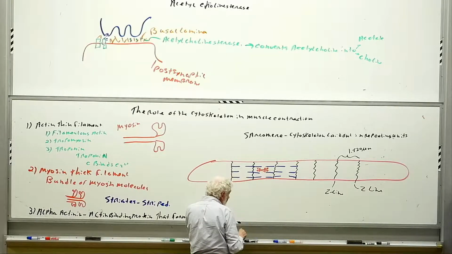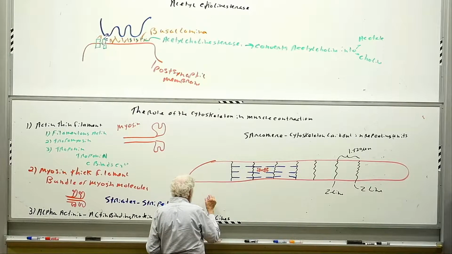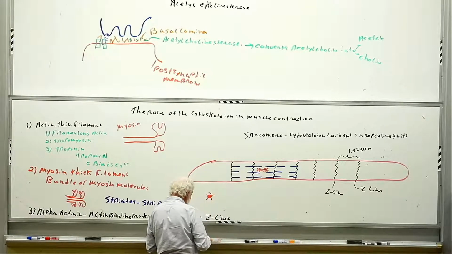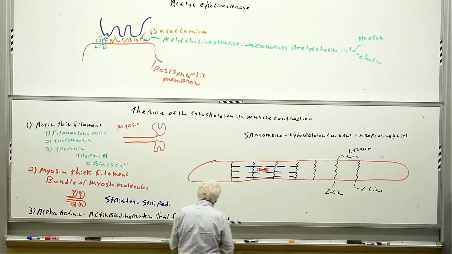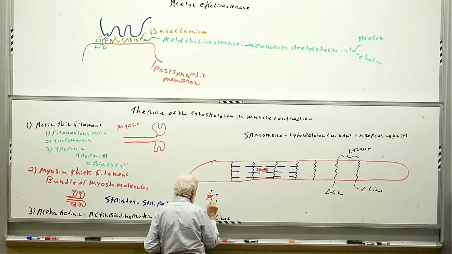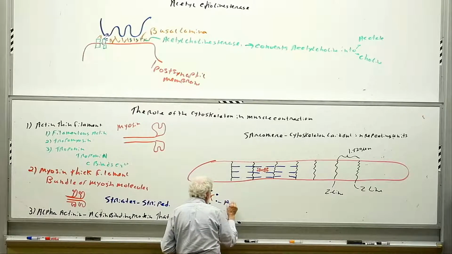So if you look at this in cross-section, what you see is a myosin thick filament with its heads sticking out. 1, 2, 3, 4, 5. Should be a 6th one. And then around that myosin thick filament will be 6 of these actin thin filaments.